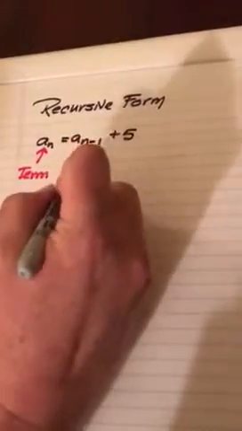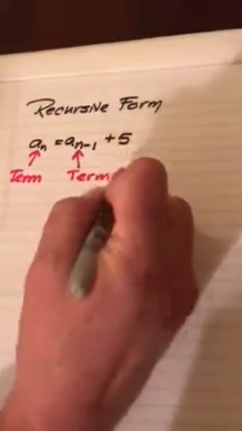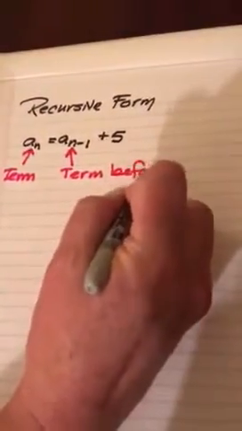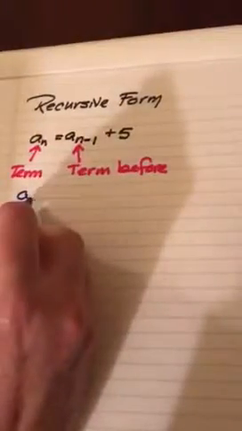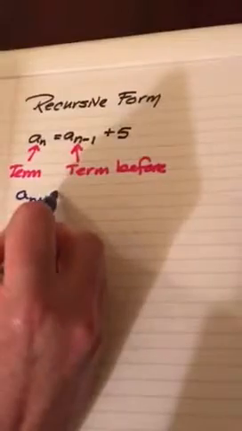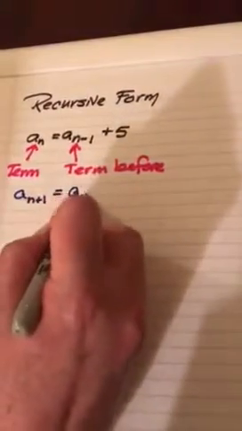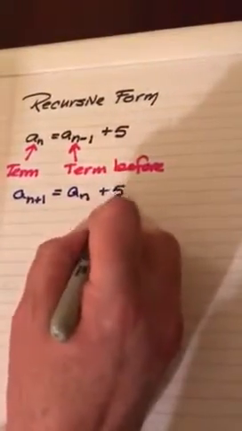But even before I get into that, let me point out that this would be the term that you're looking for, perhaps that you're given, as the case may be. This is the term before it. Okay? So there will be times when you see this as a sub n plus 1 equaling a sub n, say, plus 5.